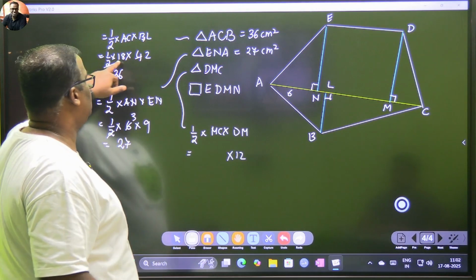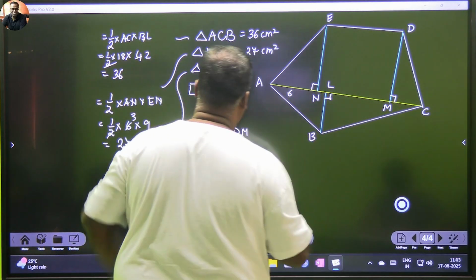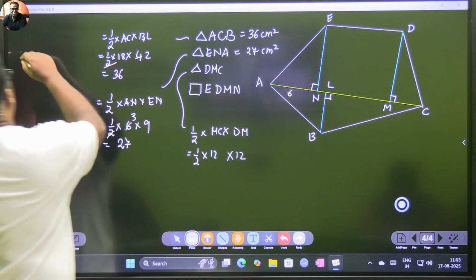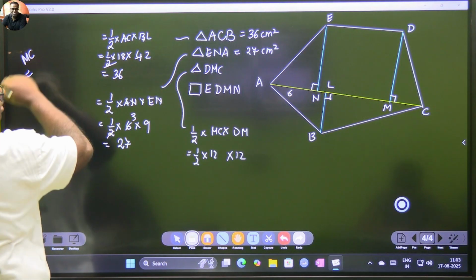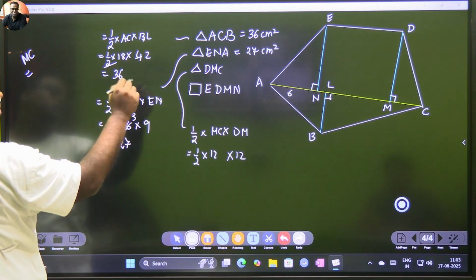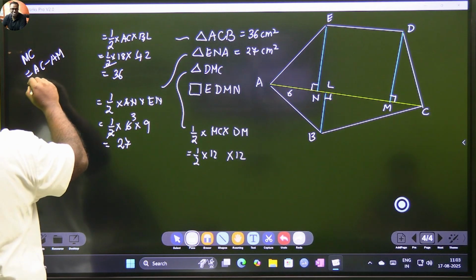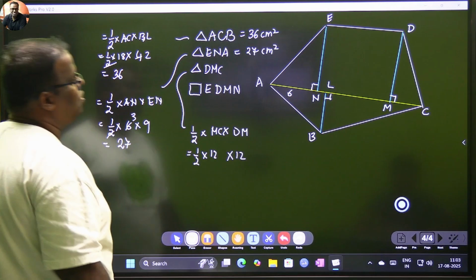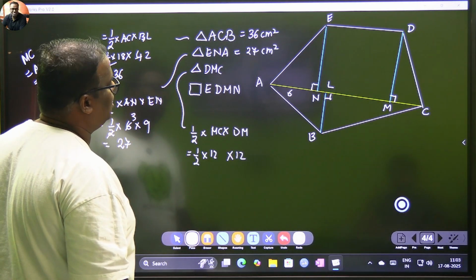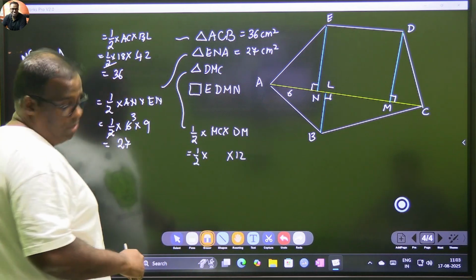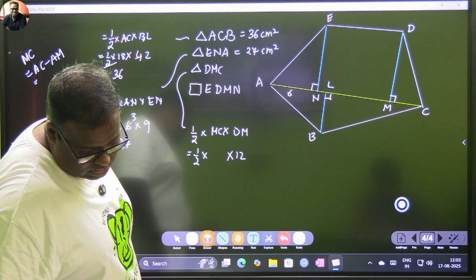AC is 18. 18 minus 6 is 12. M to C will be equal to AC minus AM. Sorry, this is not the data. One minute. So we need to find out what all other data are given to us. AM.